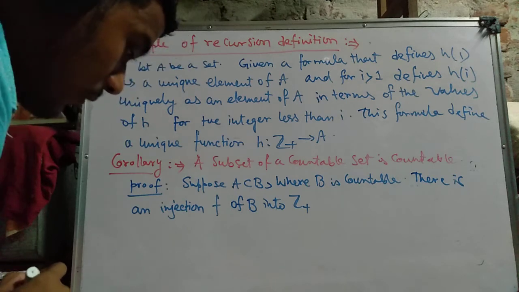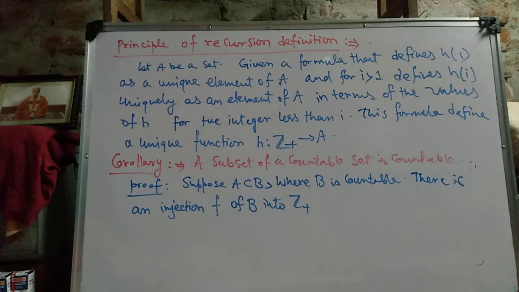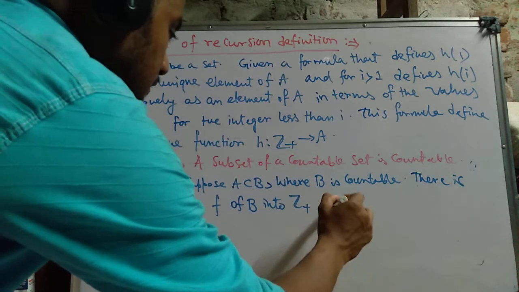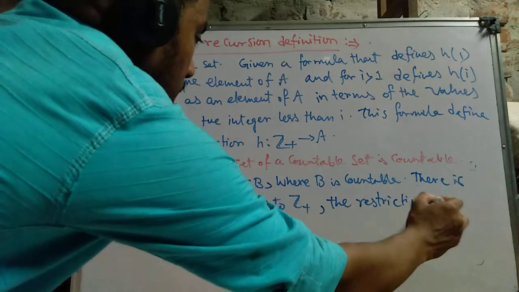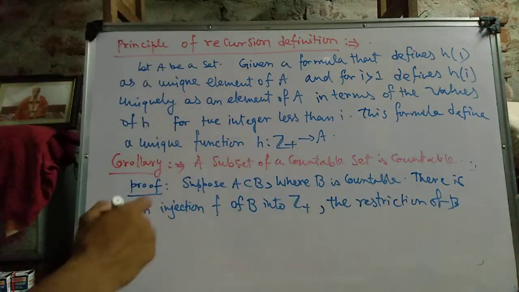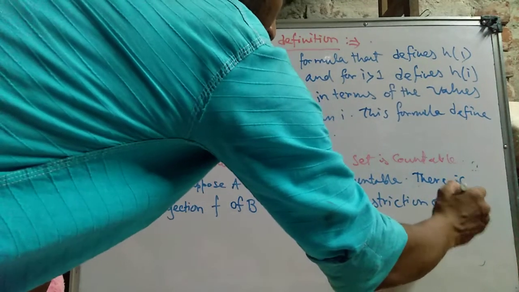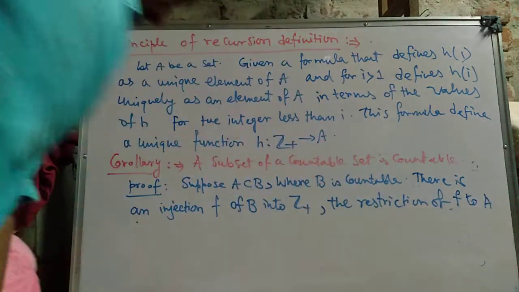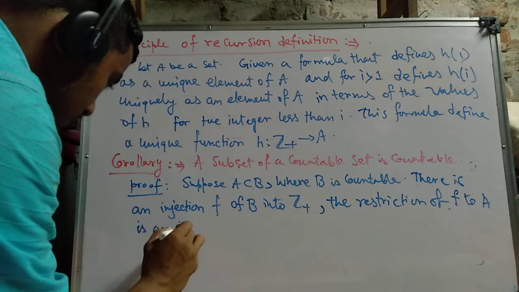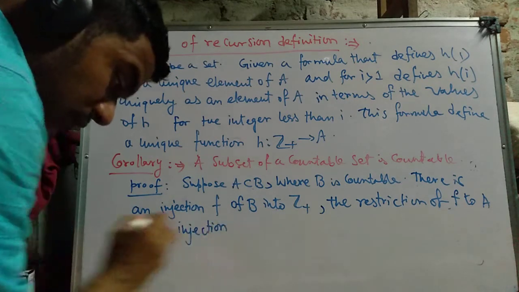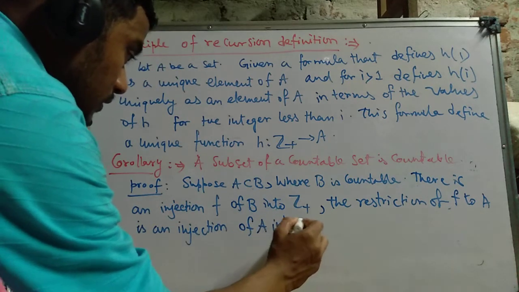The restriction of F to A is an injection of A into Z plus.